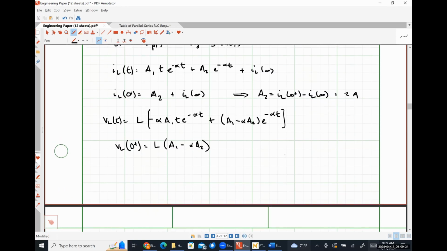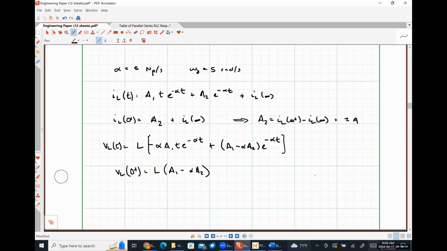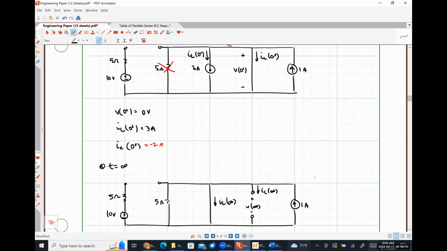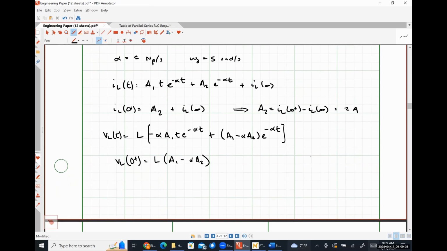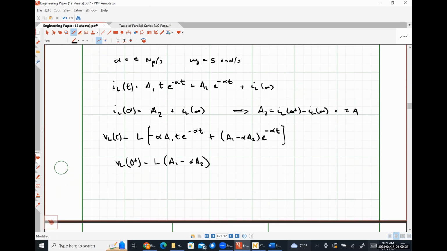So let's see. What was VL at 0? Oh, so V at 0 plus was 0, right? Yep. So if that's 0, then we can just divide both sides through by L. So we're going to wind up having A1 is equal to alpha A2. And since A2 was 2 and alpha is 5, this is going to look like 10.